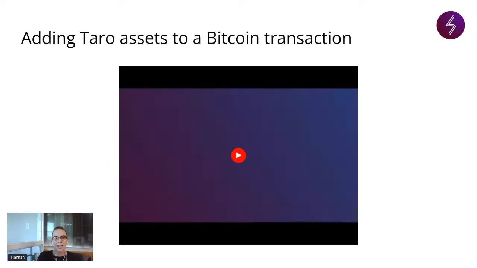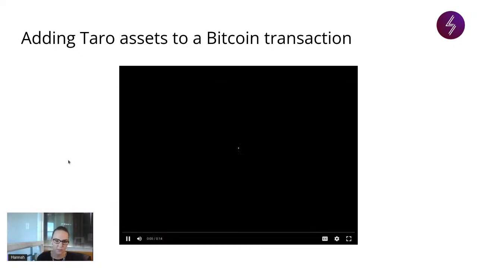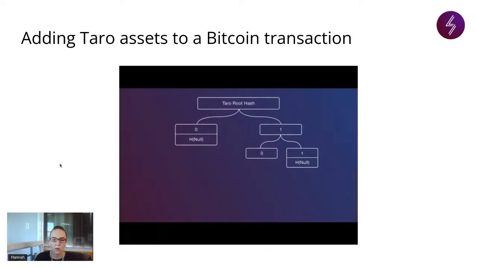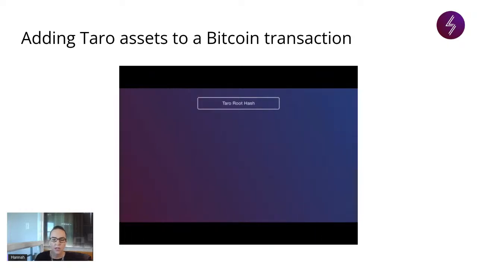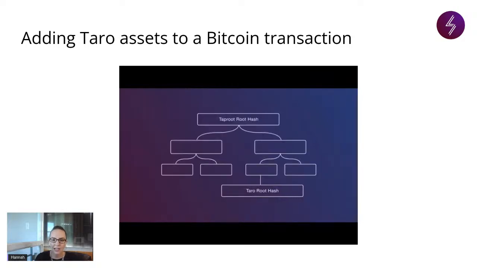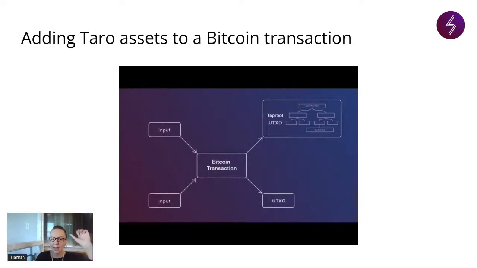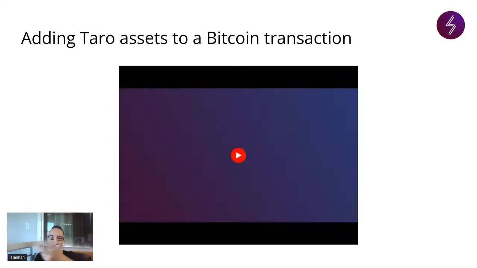So, adding Taro assets to a Bitcoin transaction. This is not strictly technically accurate, but hopefully a very helpful way to visualize what's happening here. Here we have a Taro Merkle tree. We keep that root hash, and we add it to this Taproot root hash, and then via tap-tweak that becomes a Bitcoin UTXO.